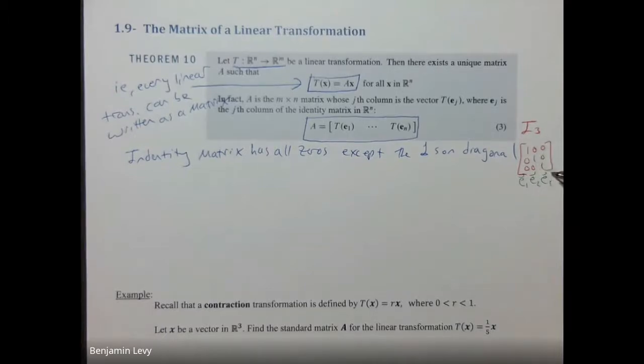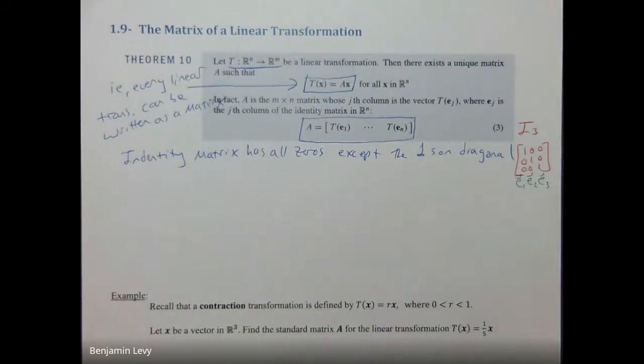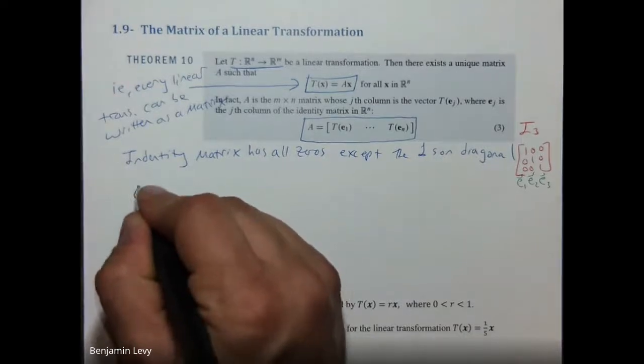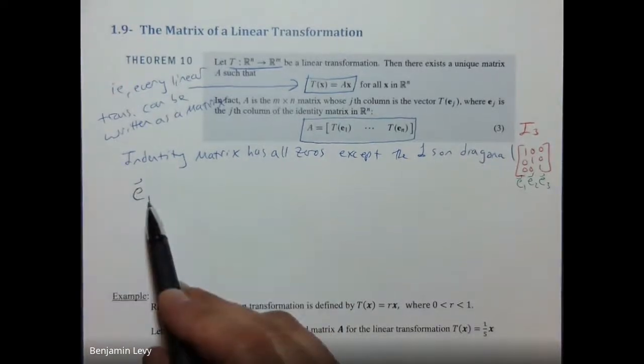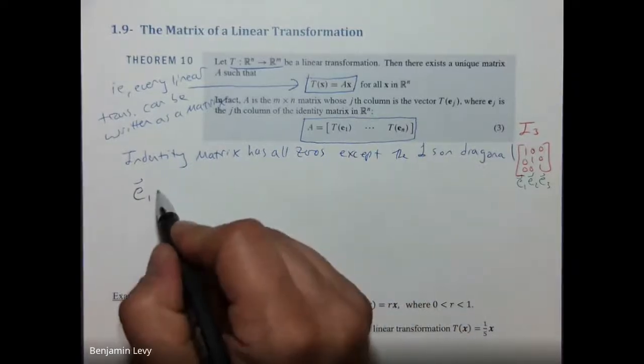I4 is a 4x4, I2 is a 2x2, and in n dimensions there are going to be n e_i's. When you see something like e sub 1, the number means there's a 1 in the first spot and zeros everywhere else.